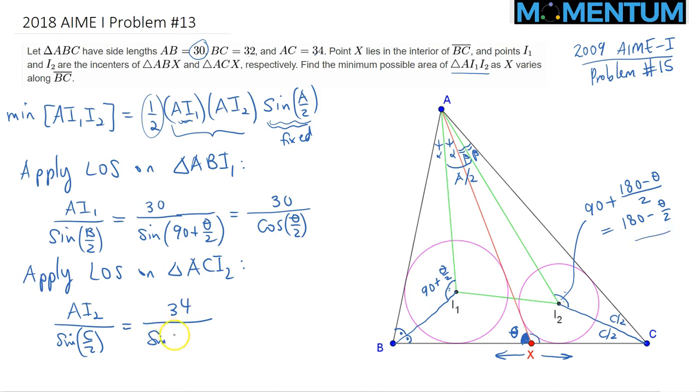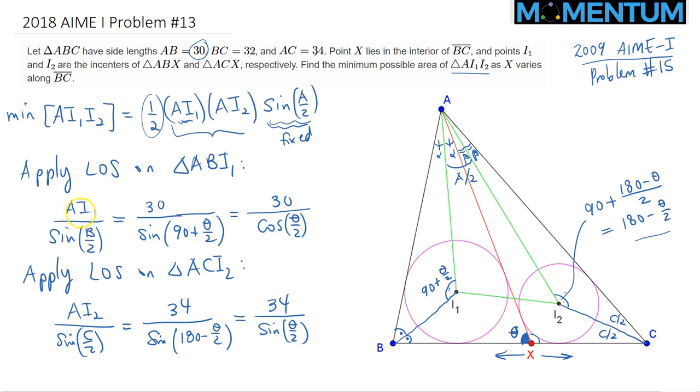I hope I didn't make any silly mistake. So 180 minus theta over 2, and obviously sine of 180 minus theta over 2 is just sine theta over 2, right? And so that one is 34.